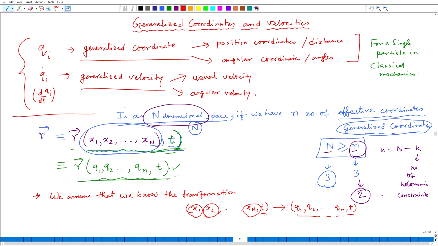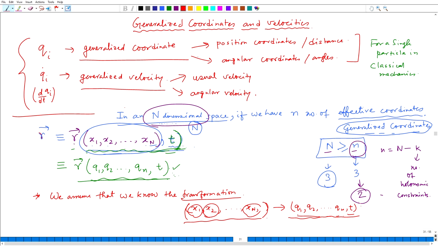But finally, for the sake of the transformation rule at least, I can forget t from here. I am just trying to represent all the Cartesian components in terms of all the generalized coordinates and t.